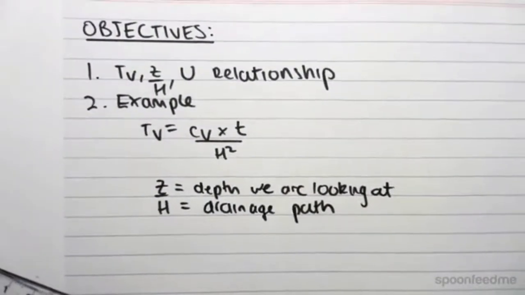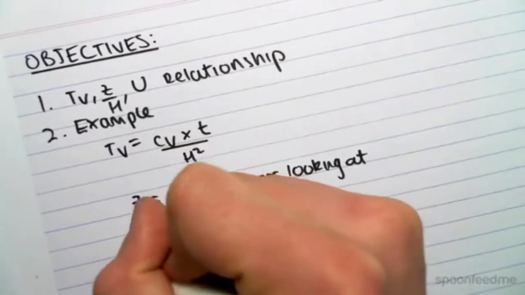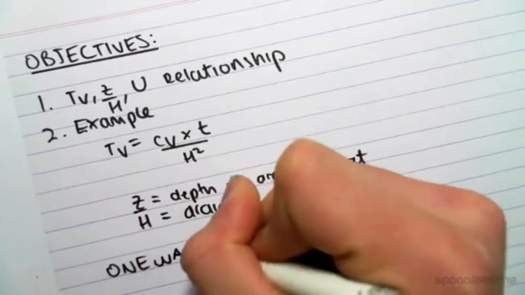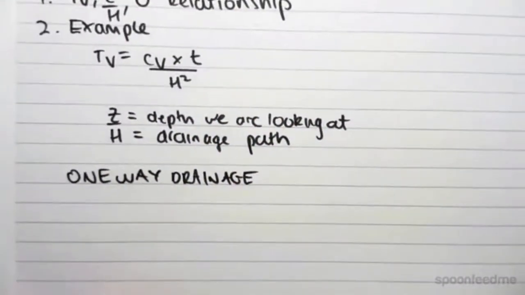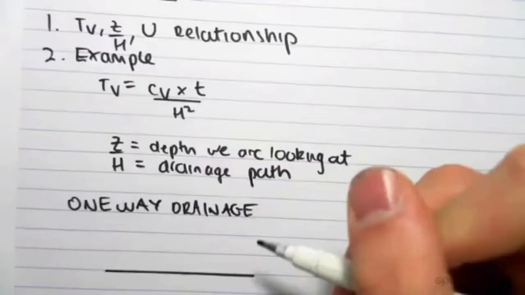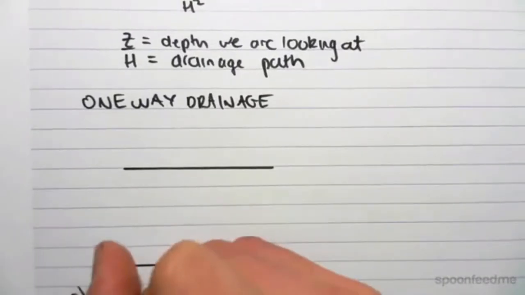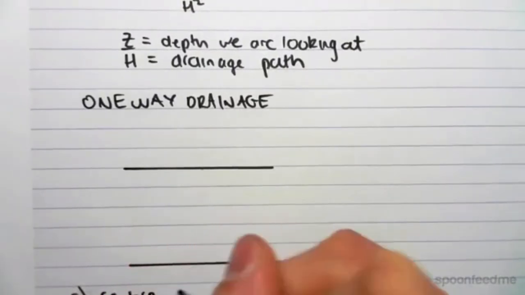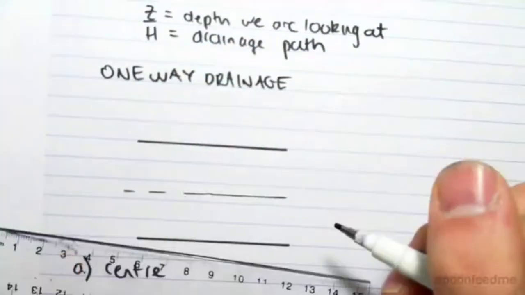So just to do a couple of quick examples to show you what I mean. Say we have one-way drainage. Okay, so we have a one-way drainage case. And let's say that we are looking first of all at a point which is at the center of the layer. So the center of this layer, so over around there.